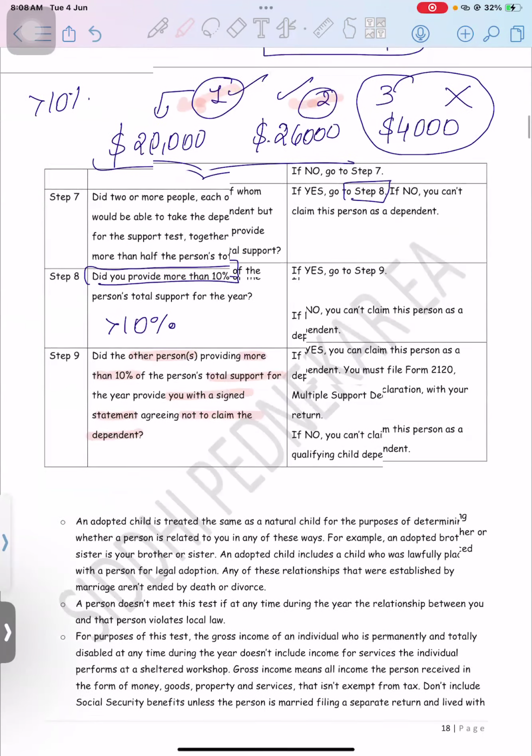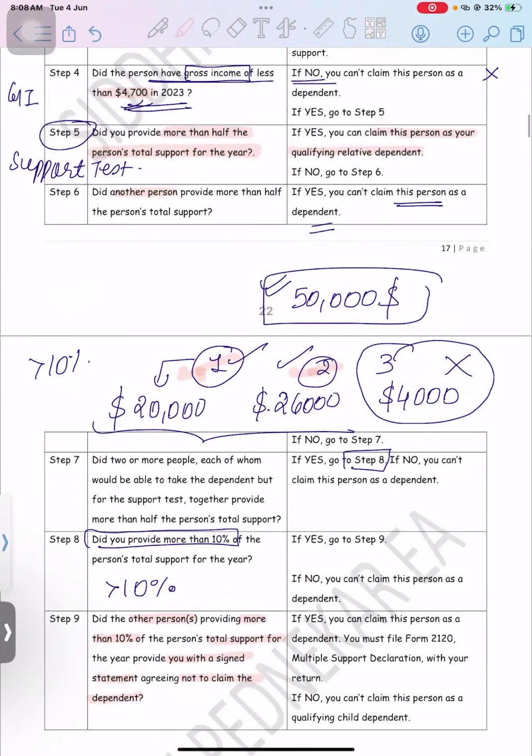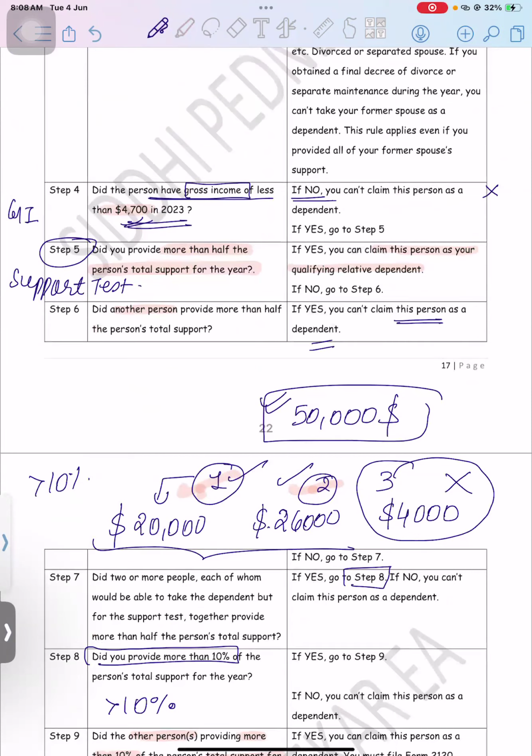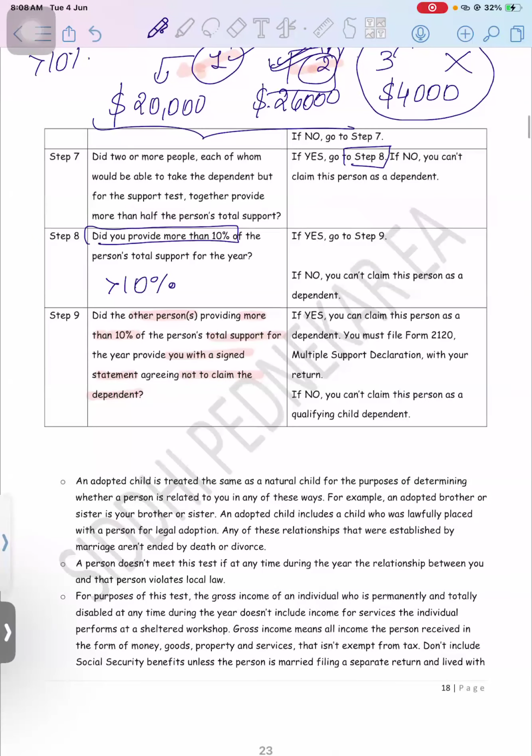Let me check where it is mentioned. I'll first explain it. There is only one solution: who is providing more than 50% of the total expense. Can I say B is providing more than 50%? So he will be allowed to take her as a qualifying relative. Clear, guys? So see, if yes, providing more than 50% or 10% support, go to the next step.